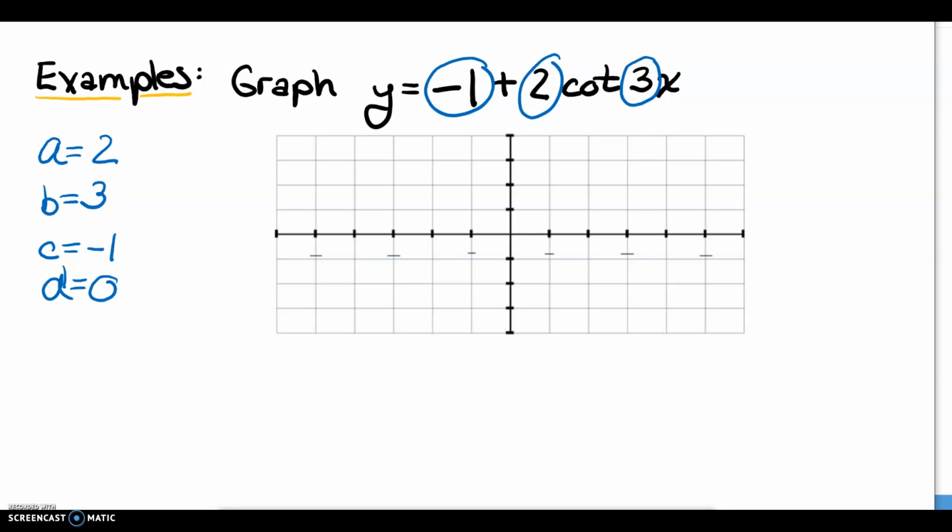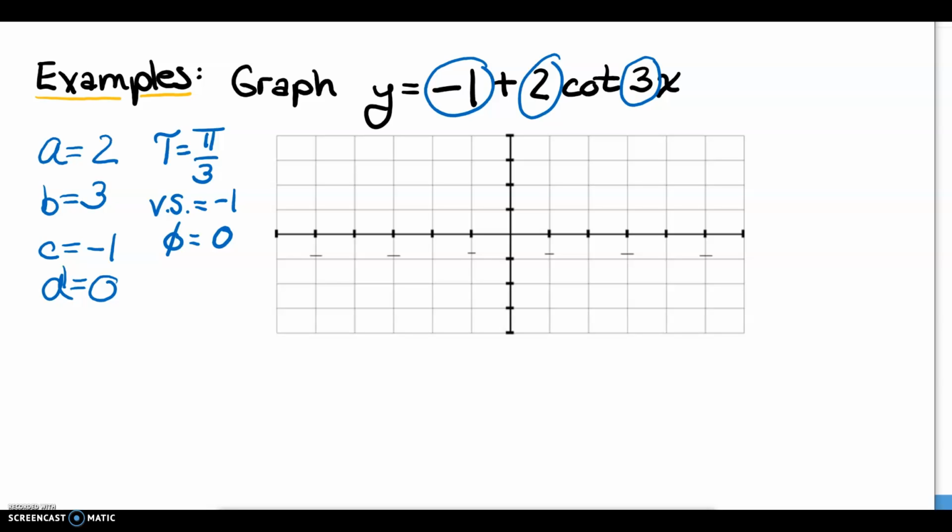So let's go ahead and calculate our period. Our period is going to be pi over b, which is pi over 3. Our vertical shift is our c value. We have no phase shift. Our phase shift is 0. We're not moving it anywhere.